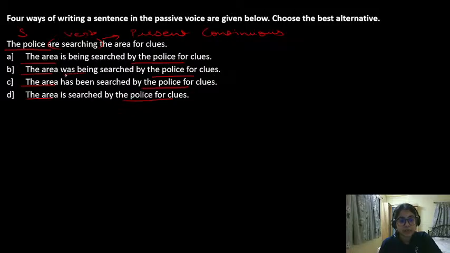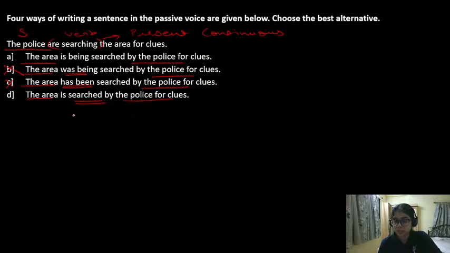This one is given to us in past continuous, so it can be eliminated. This one is given in present perfect continuous, can be eliminated. This one is given in simple present tense: the area is searched by the police for clues.